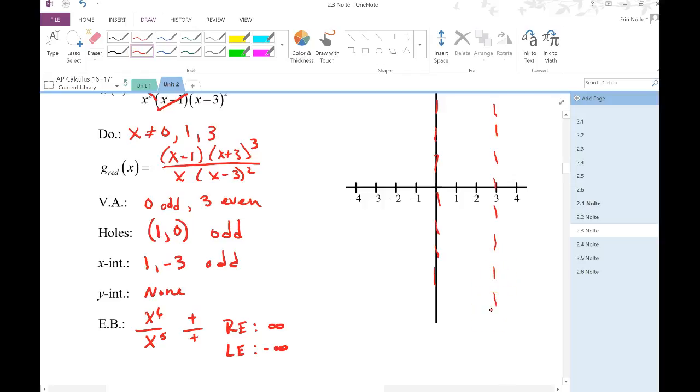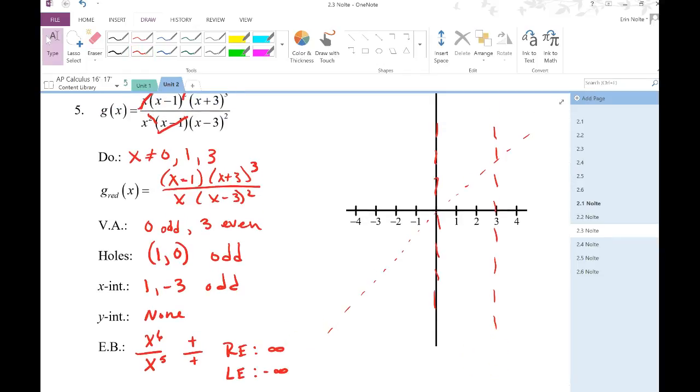I know there's this positive slant asymptote, but I don't know exactly how high or how low it is. It actually is going to be right through the origin. I'll show you guys how to do that tomorrow because we're almost out of time.